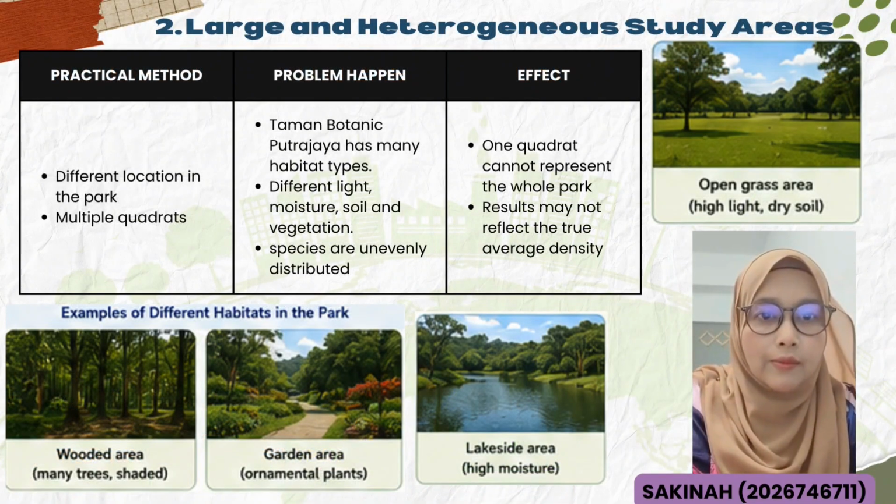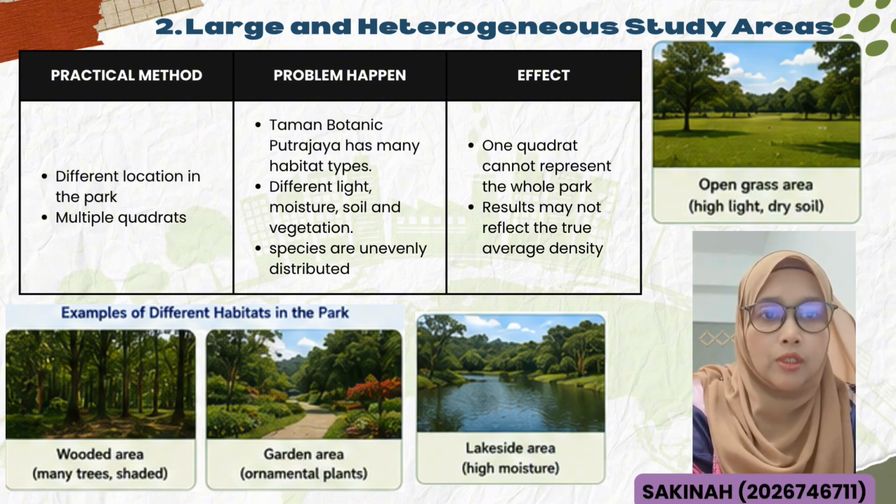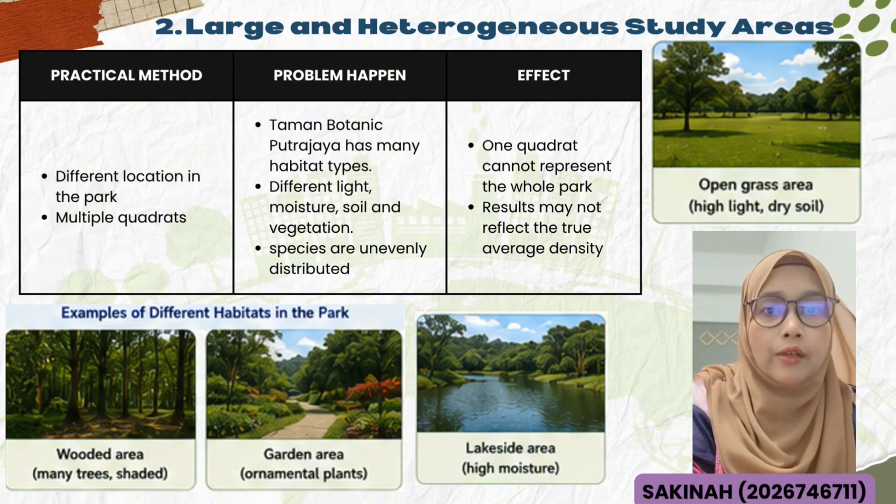Okay, for next, my slide is large and heterogeneous study areas. Taman Botani Putrajaya is not a natural forest. It contains different habitat types such as large tree areas, garden, grassland, and lakeside areas.